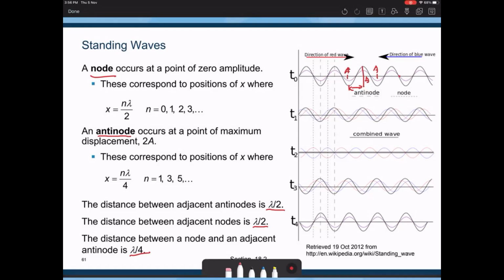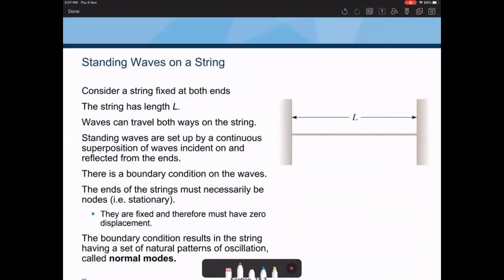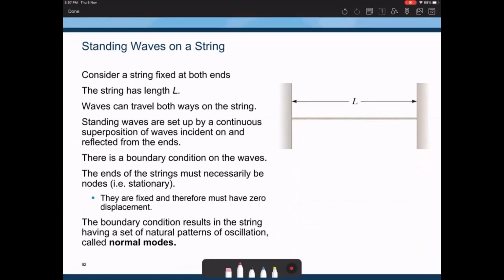Standing waves could only occur when the distance between antinodes is lambda over 2 and the distance between nodes is also lambda over 2. How does it happen? Now, let us take a look at the standing wave on a string.